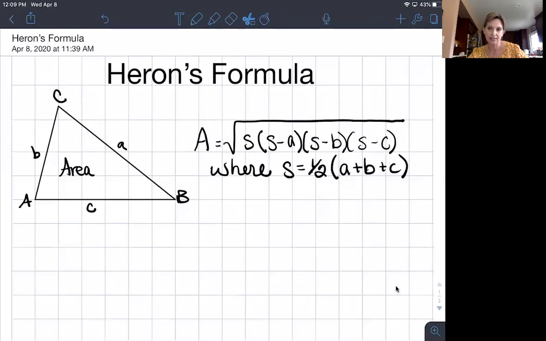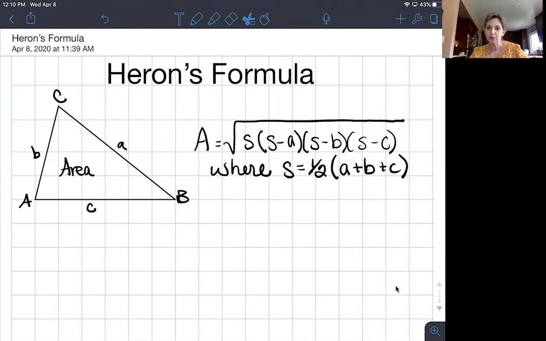So it'd be a multi-step problem to find the height first and then find the area. Well, it turns out you don't necessarily have to do that. If you know all three sides, then you can just plug them into Heron's formula, and it's a pretty easy, snappy formula to use.